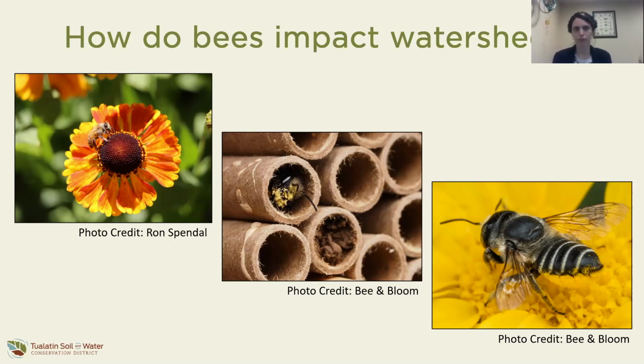Likewise, native plants provide habitat for wildlife. The more wildlife that you have in a watershed, the healthier it's going to be because it's going to be a very expansive ecosystem. And lastly, because native plants are adapted to our climate, they also don't need as many pesticides or fertilizers, which have a tendency to get into our waterways and end up as pollutants.